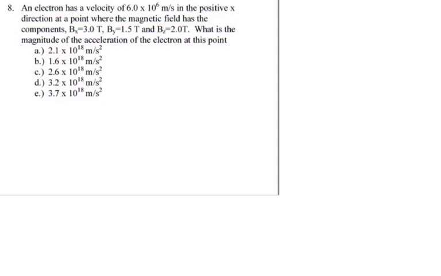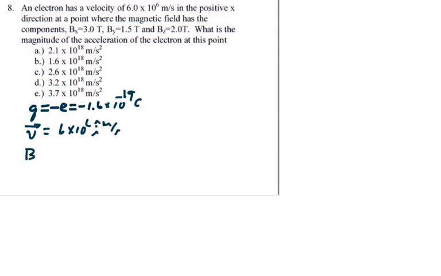Well, we know the charge on an electron is equal to negative e, which would be a negative 1.6 times 10 to the minus 19 coulombs, just the negative of the charge on a proton. The velocity in this case is 6 times 10 to the 6, strictly in the x direction, meters per second.